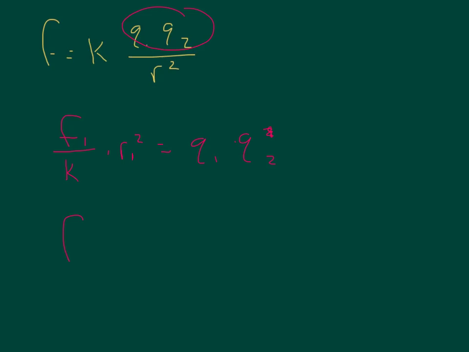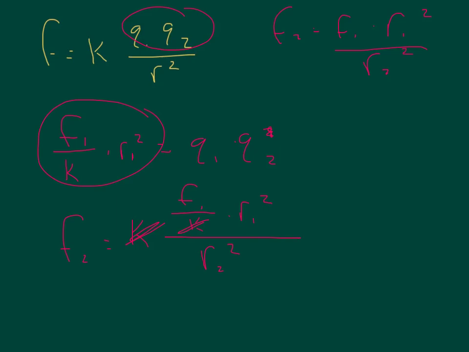Now force 2 is equal to K times Q1 times Q2 over radius 2 squared, or in this case we'll use force 1 over K times radius 1 squared, divided by radius 2 squared. In this case K cancels itself out, and we're left with force 2 is equal to force 1 times radius 1 squared divided by radius 2 squared.